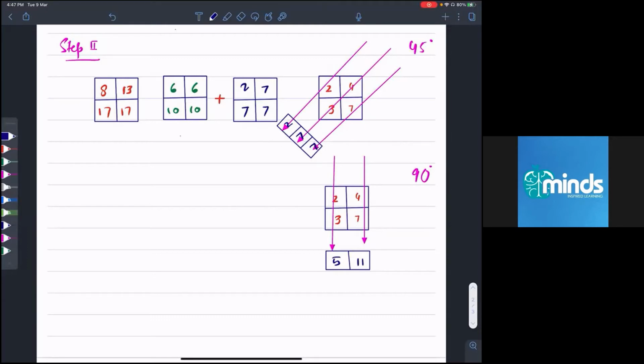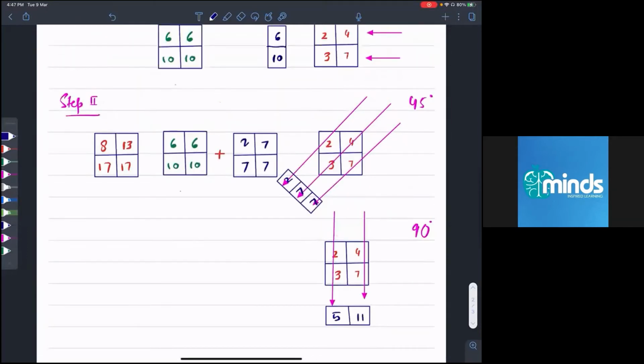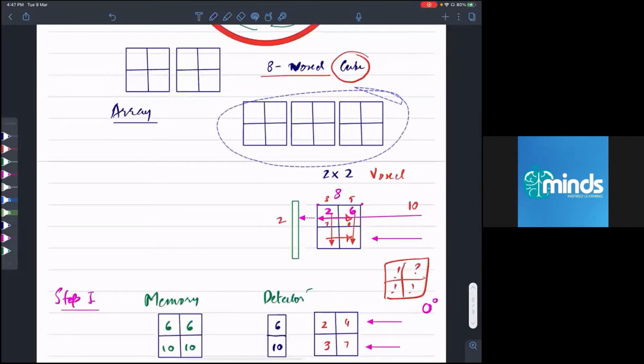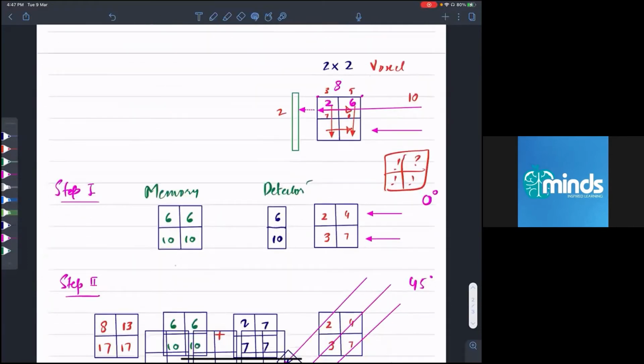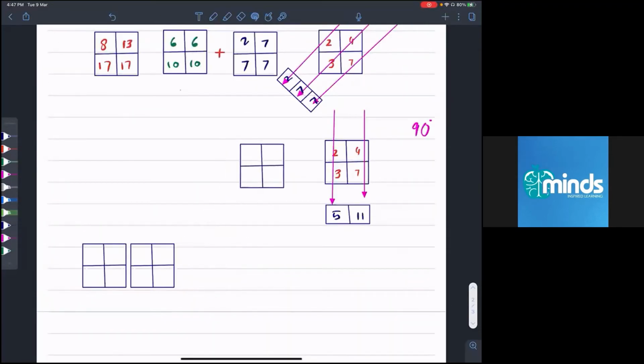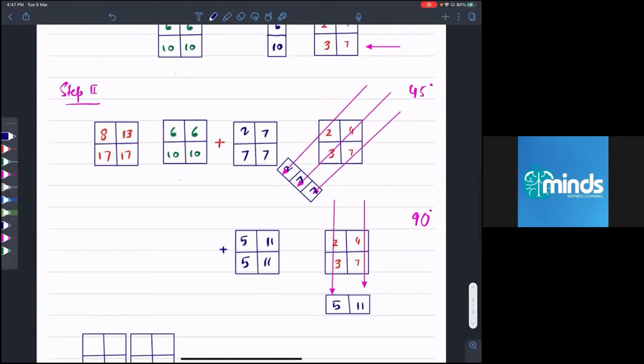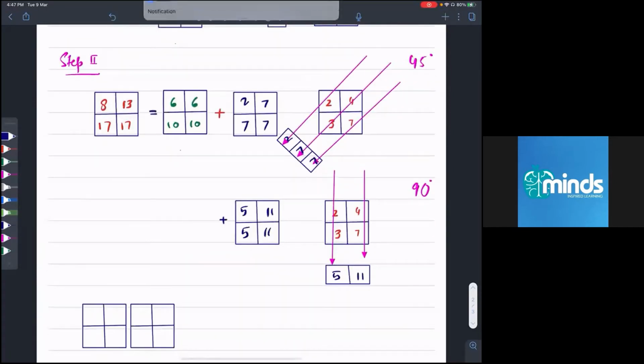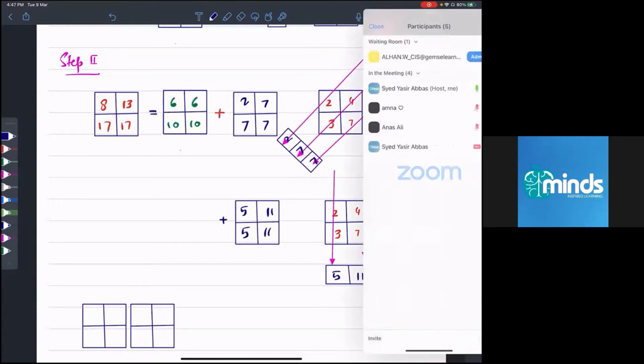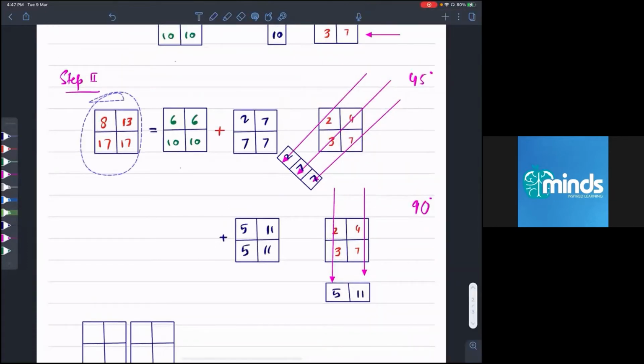So the new voxel that detector will establish will appear something like this. Something like this. 5, 5, 11, 11. Now, plus what we have in memory now? In memory now, we have this voxel.